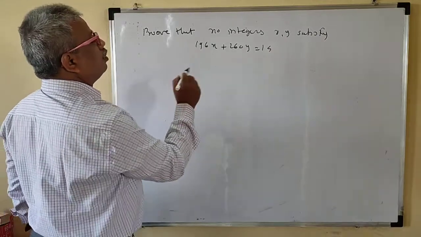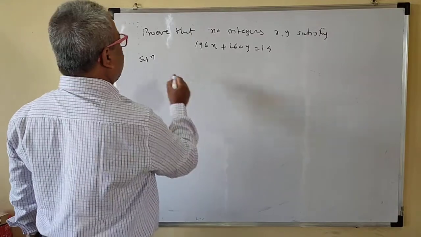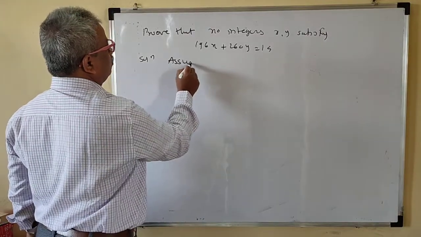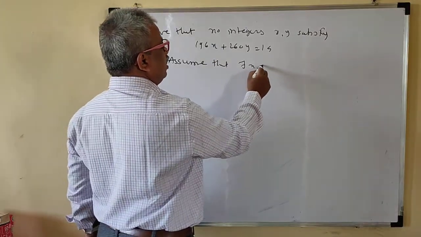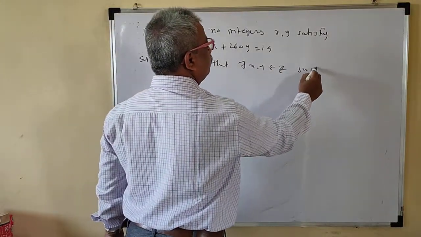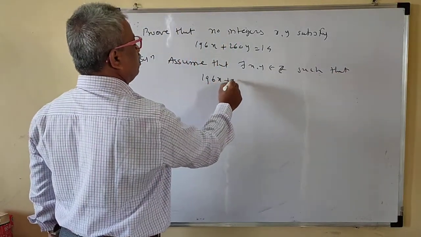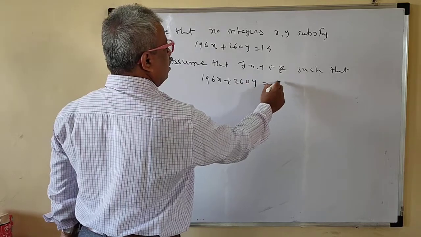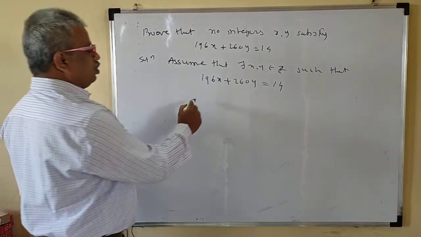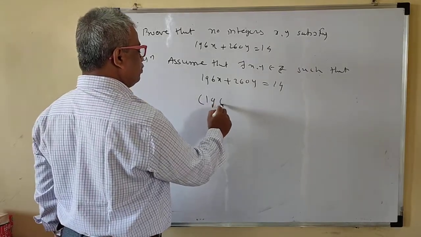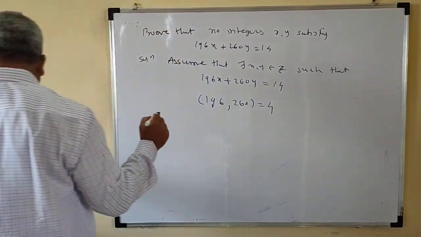Okay, solution. Assume that there exist x, y belonging to Z such that 196x plus 260y is equal to 14. Now the GCD of 196 and 260 is 4.